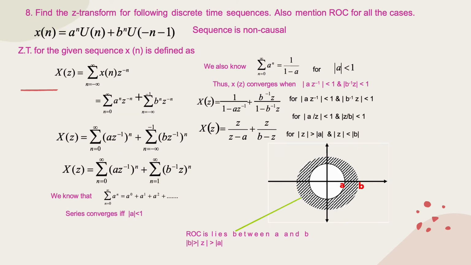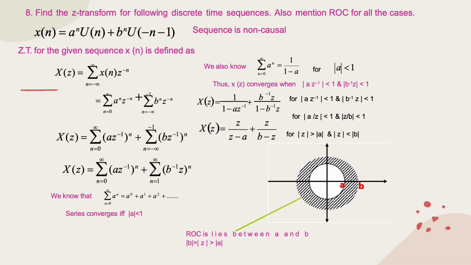So the next problem is the combination of the first one and the second one, that is, the combination of the 7th problem and the 6th problem. x of n equal to a power n u of n plus b power n u of minus n minus 1. So you change the limit. The first one is no problem; for the second one, the limit is minus infinity to minus 1. The minus power you take inside.